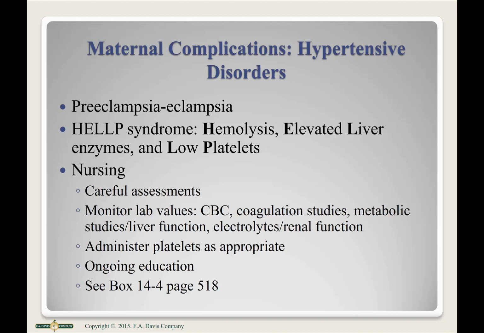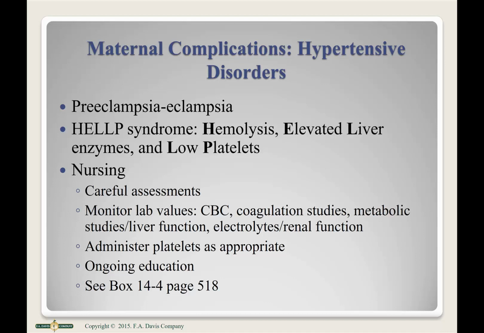HELLP syndrome is a mnemonic that stands for hemolysis, elevated liver enzymes, and low platelets. So what happens is as we start having preeclampsia and we start having vasospasms and epithelial damage at the vascular level, that is causing damage to our red blood cells. So we're having hemolysis. Now, because of this hypertensive disorder, the damage to our vasculature is going to cause damage in our liver, as evidenced by the elevated liver enzymes.